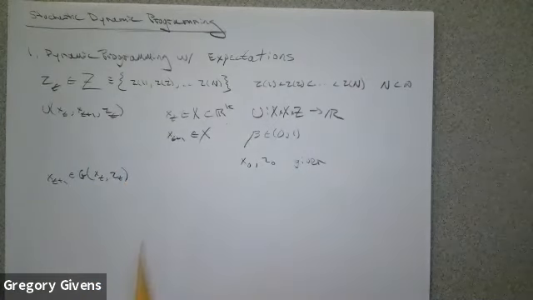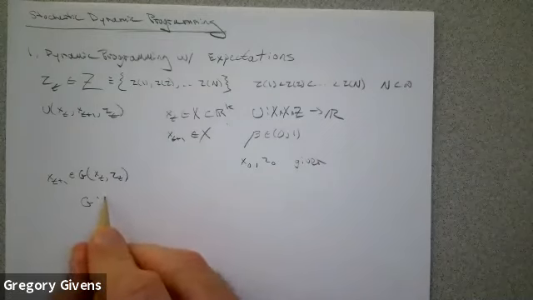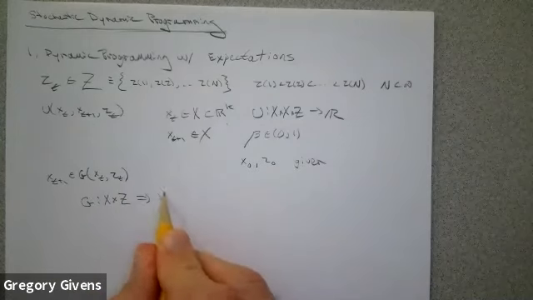At the beginning of period t, once the shock is realized, that's going to determine in part, in concert with xt, what all the possible values of xt+1 could be. So G is now the set valued mapping that maps elements of X product big Z into the space of X.